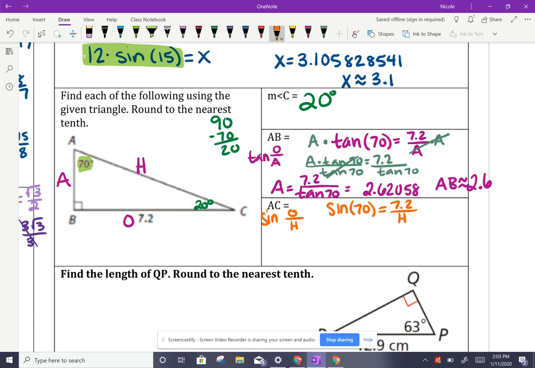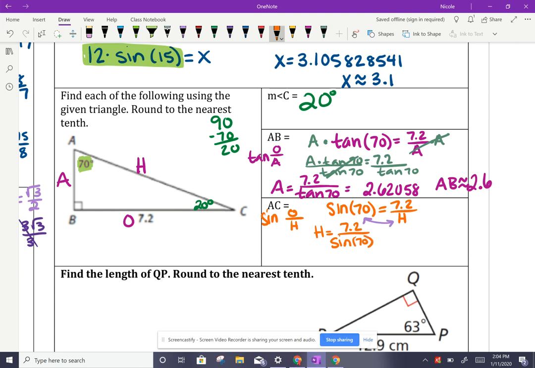Now, if you look back at our previous problem to find AB, we had A stuck in the bottom, and we had to multiply both sides by A, and then divide by tangent to move it back to the other side. So the location of where tangent and A were just got switched. So all I have to do is switch H and the sine 70. So H is equal to 7.2 over sine 70.